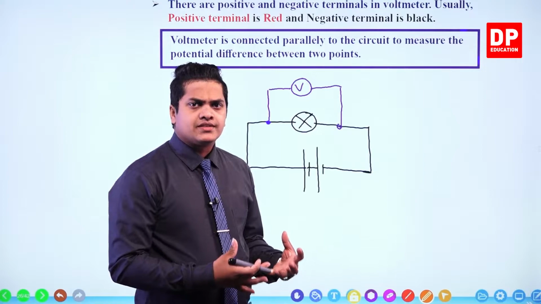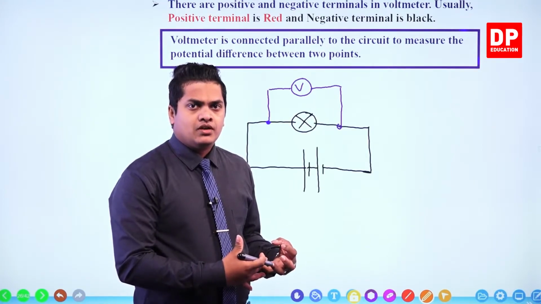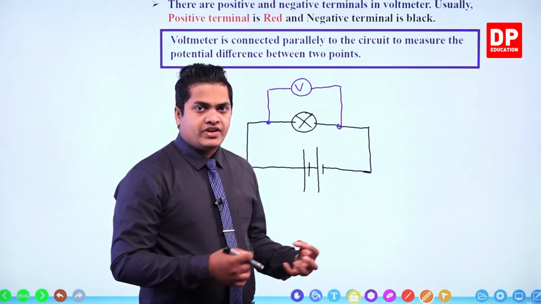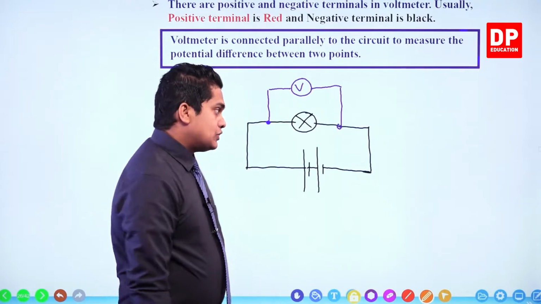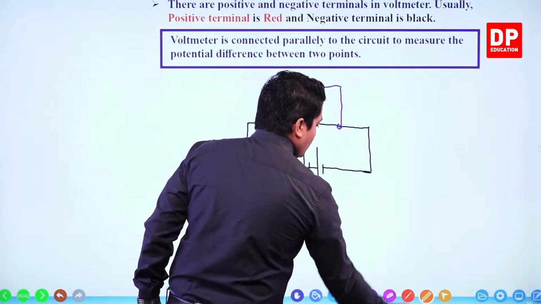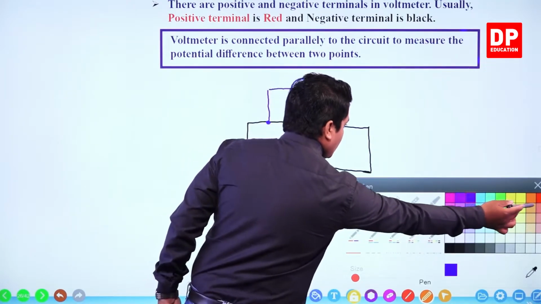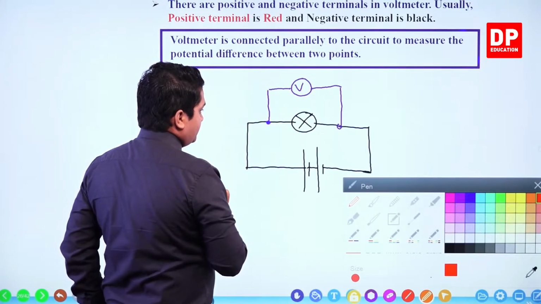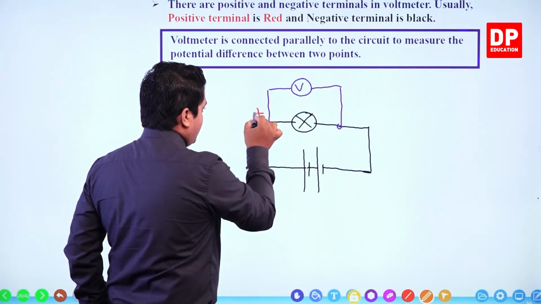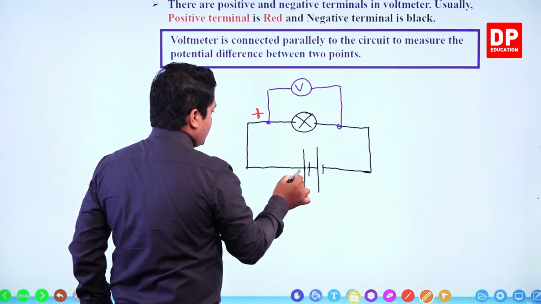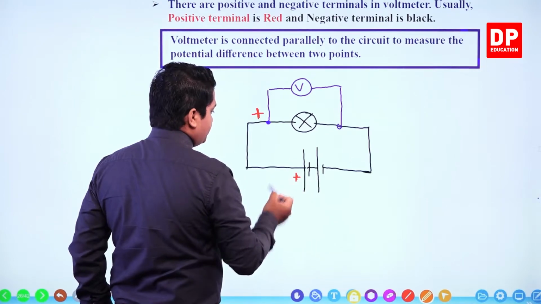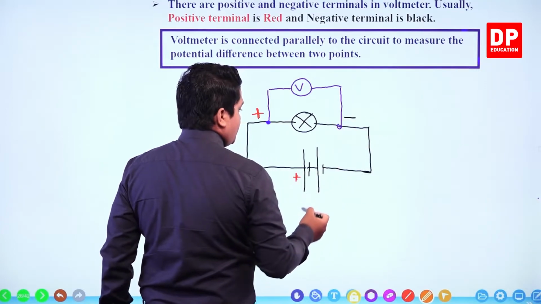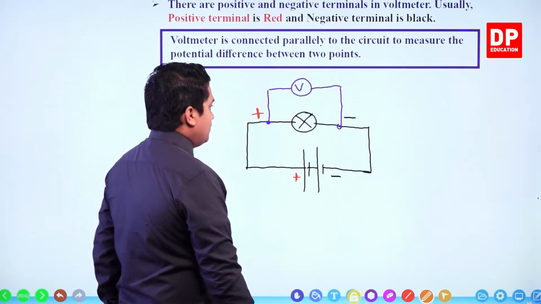We discussed these things in the earlier chapters. You could remember, I explained the parallel connection and the series connection very well by drawing out the figures, right? So here, always remember, this terminal should be the positive terminal of the voltmeter, because here you can see this is the positive, the longer terminal, and the other terminal, this end, should be the negative terminal of the voltmeter.